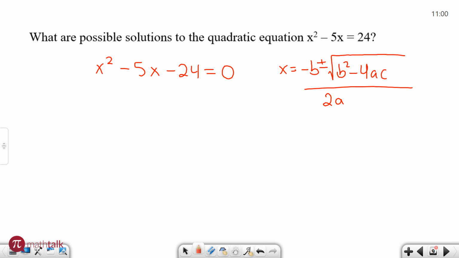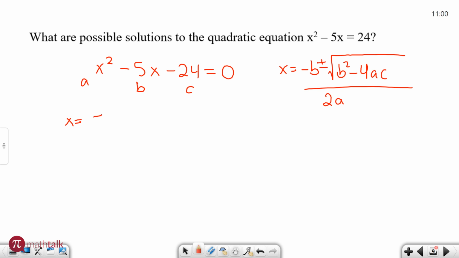So a is always the number in front here, b is always the number there, c is always the number there. If there is no number in front of your x squared term, it's always understood to be 1. So just keep that in mind. So let's plug them in and solve for x. -b is basically the opposite sign of what the b value is.